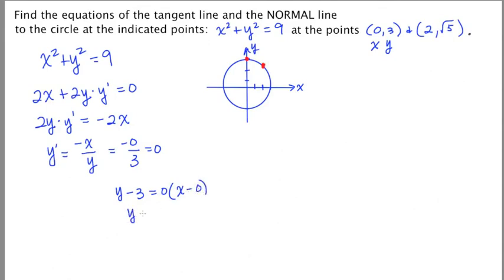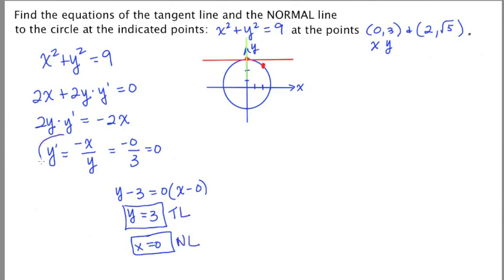And cleaning this up, it just turns out to be y equals 3. Now, if I were to look at the point 0, 3 and look at the tangent line, if I were to actually draw it myself, it would look like this. And that's the line y equals 3. Now if I want the normal line, that would be the line that's perpendicular to this one, it would just be x equals 0. So this is our tangent line and this is our normal line.